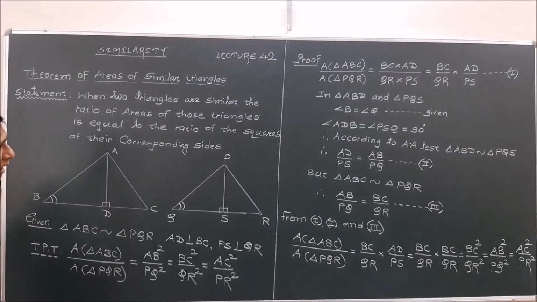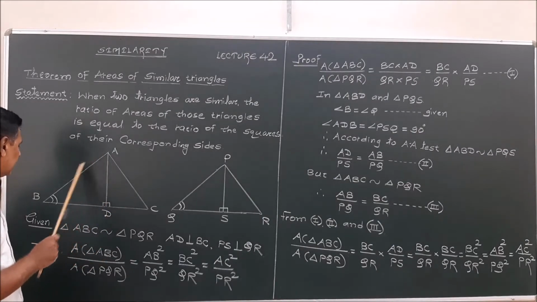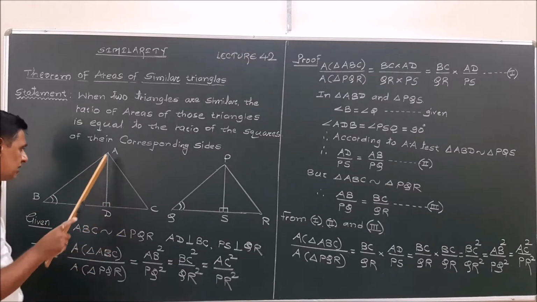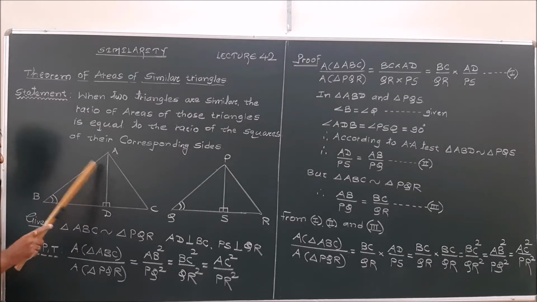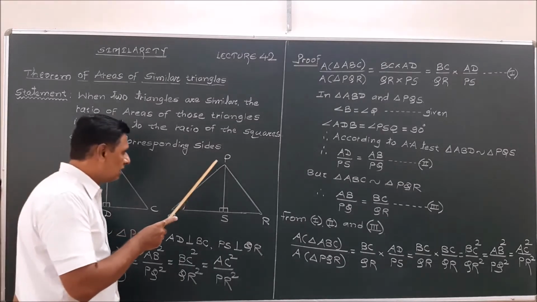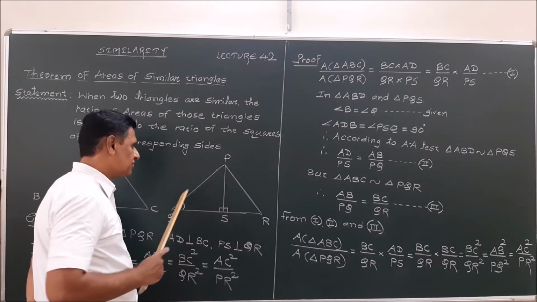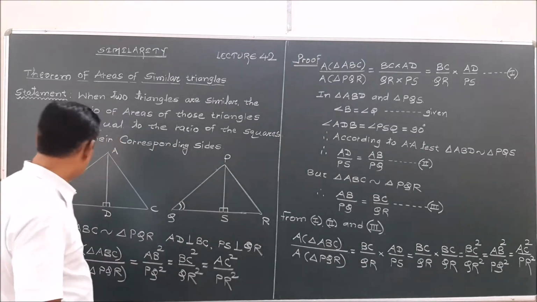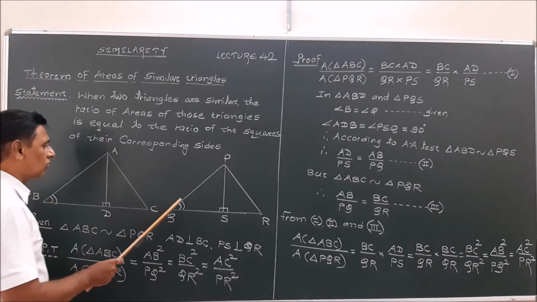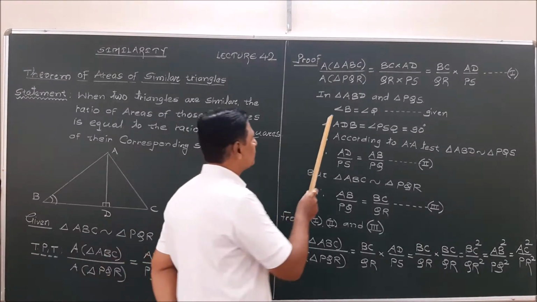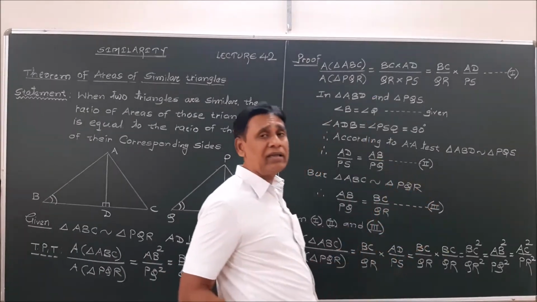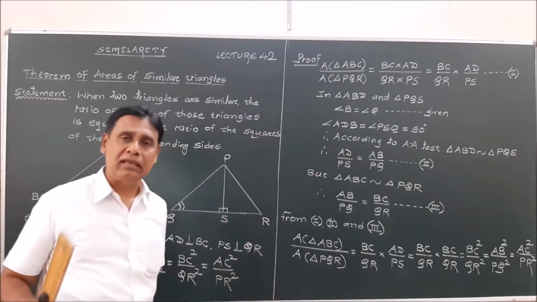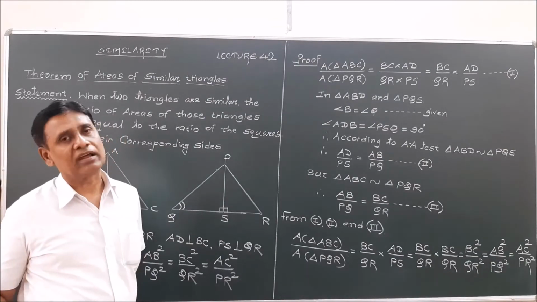Now in triangle ABD, this part only, and triangle PQS, B is congruent with Q. Given, because triangle ABC is similar to triangle PQR.